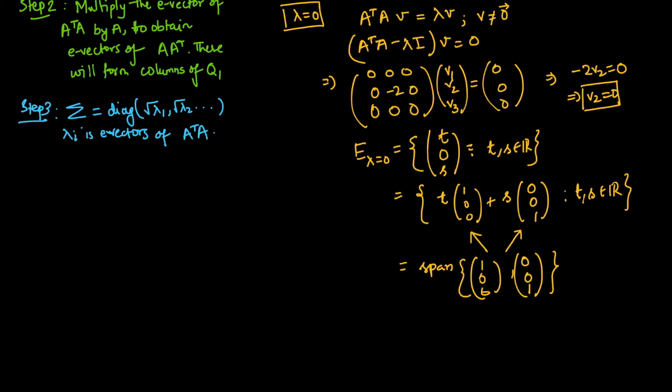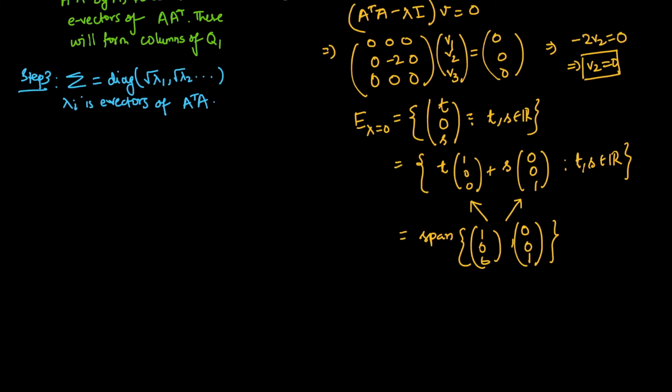Another confusion that most people have is why it is Q2 and not Q1, right? People often get confused with A transpose A, right? And this corresponds to Q2 and this corresponds to Q1.